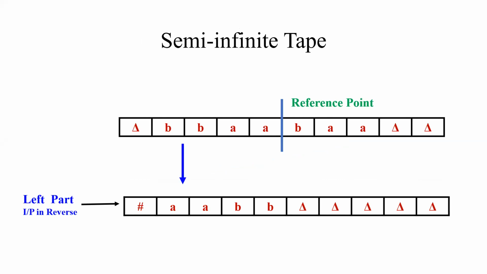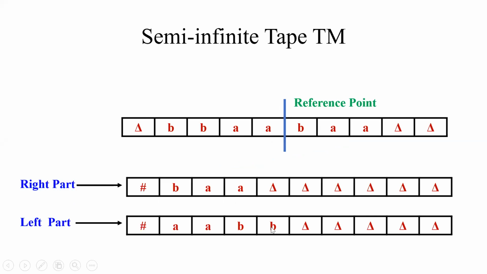Likewise, the left part is put on the other half, in reverse. The first point from left was A, so A is here. Next was A, this A is here. Then the third one was B, this B is placed, and finally this B is placed.